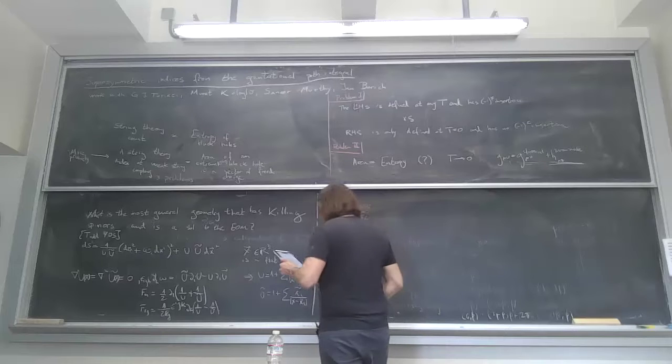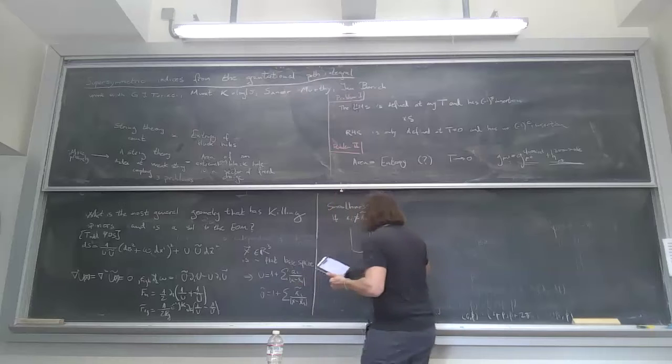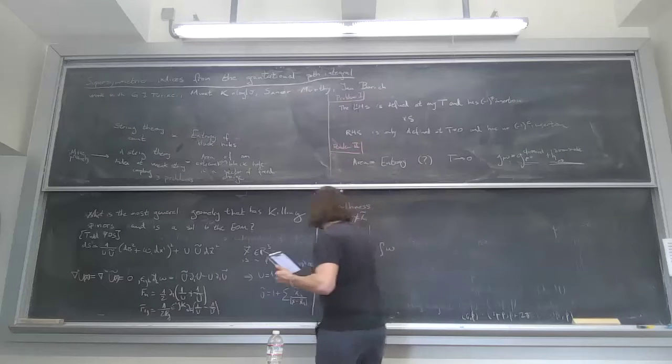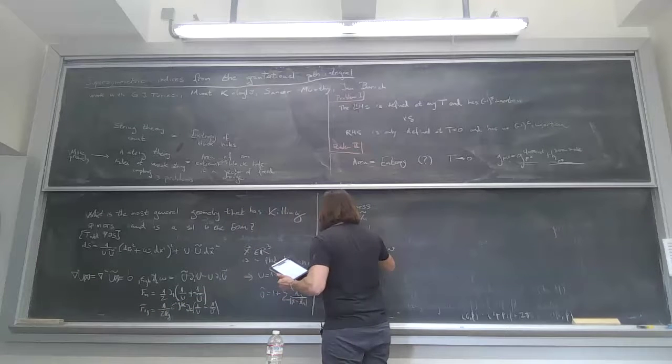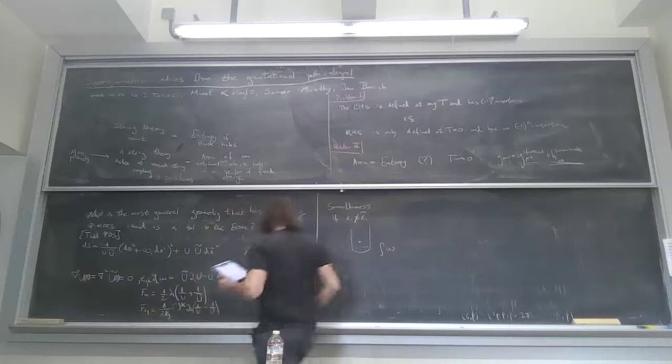in conjunction with Stokes' theorem to write what the integral over omega is. So here's, let's say, a pole of u. And here is a pole of u tilde.